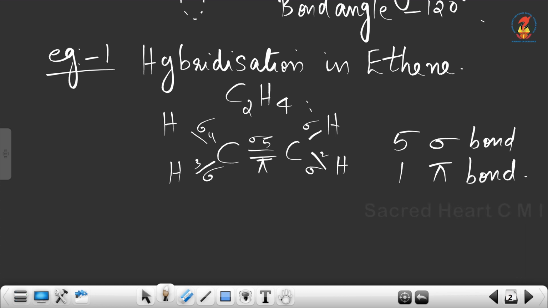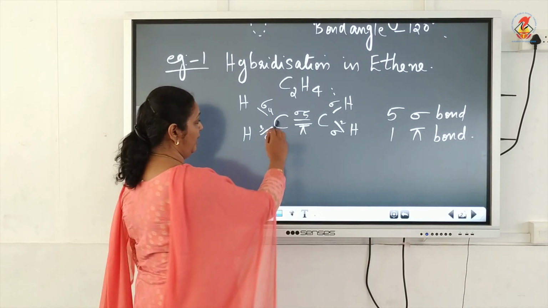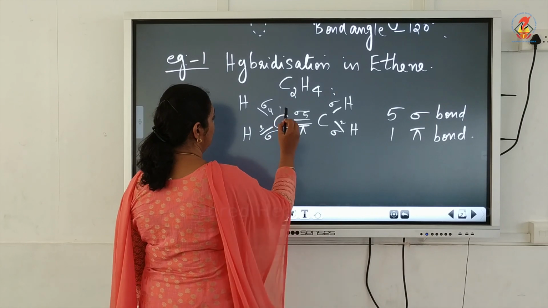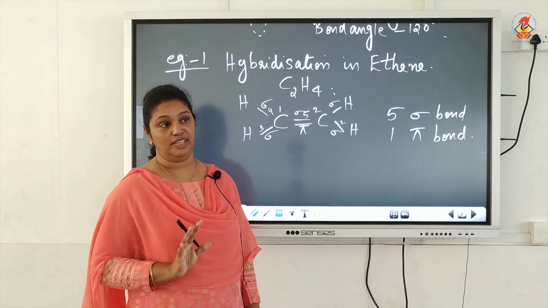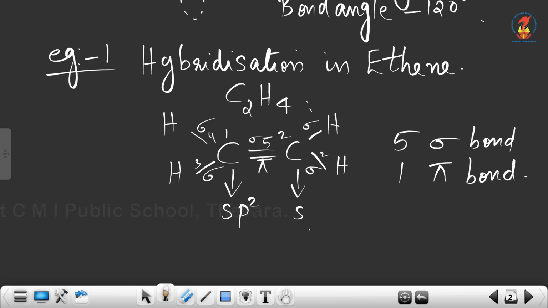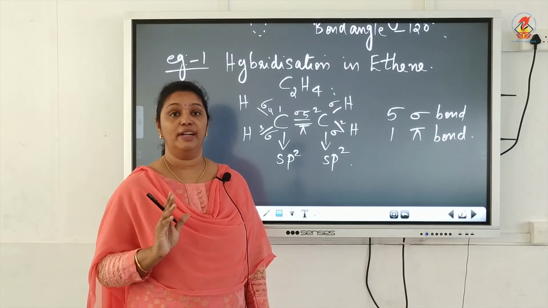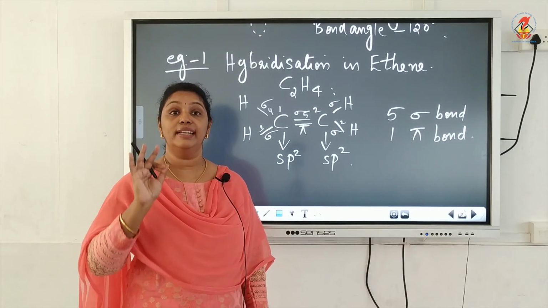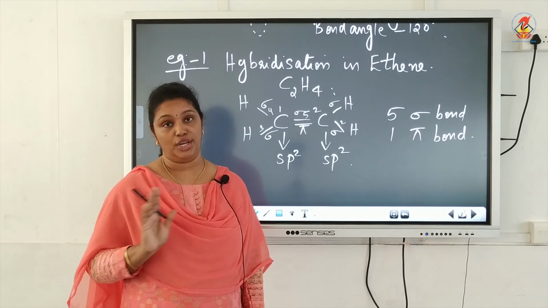Now let's see the hybridization in the ethene molecule. In ethene we have 2 carbon atoms. Suppose this is carbon 1 and carbon 2. Both carbon atoms undergo sp2 hybridization. So if it's sp2 hybridization, there are 3 hybrid orbitals of equivalent energy and shape.